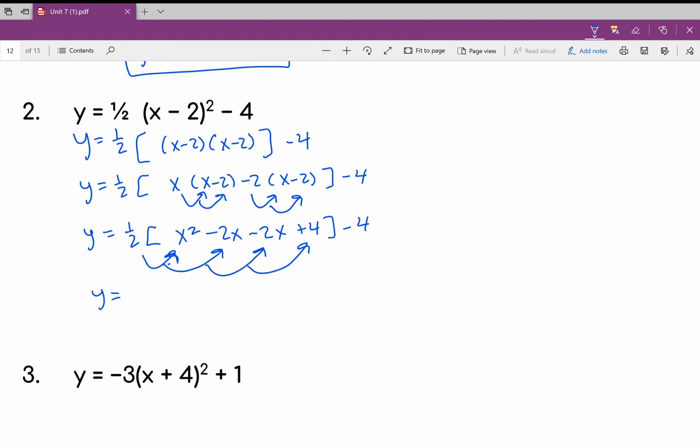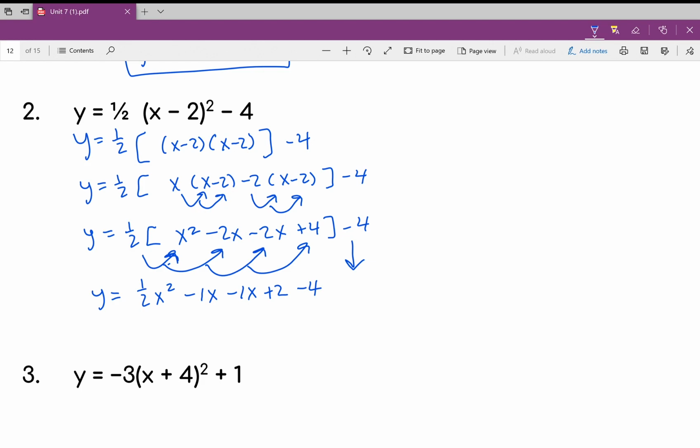So y is equal to 1/2 times x squared, which is 1/2 x squared. 1/2 times negative 2x is negative 1x. 1/2 times negative 2x is negative 1x. 1/2 times 4 is 2. And then I bring down this minus 4.